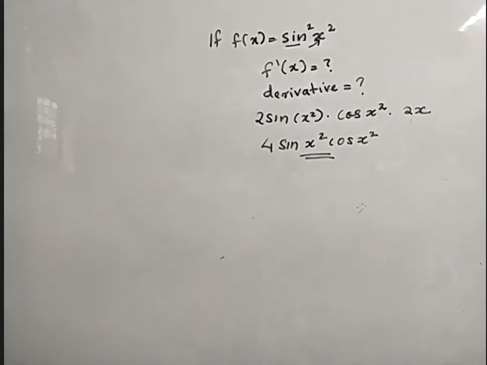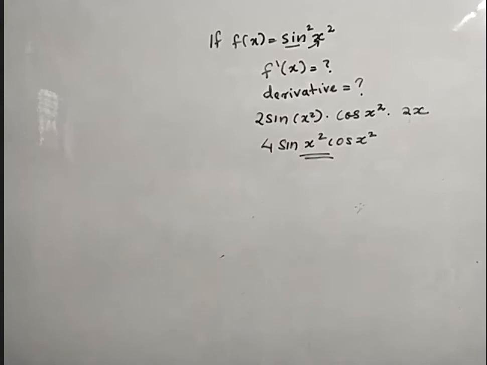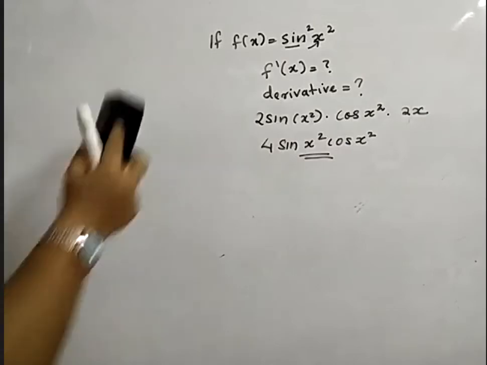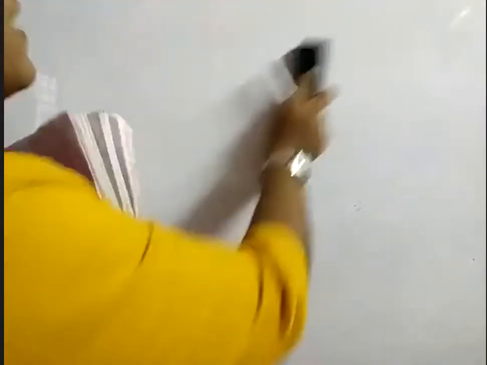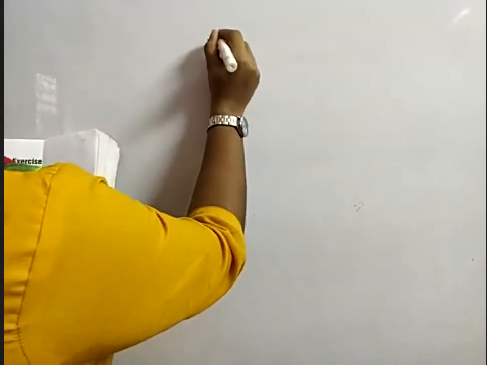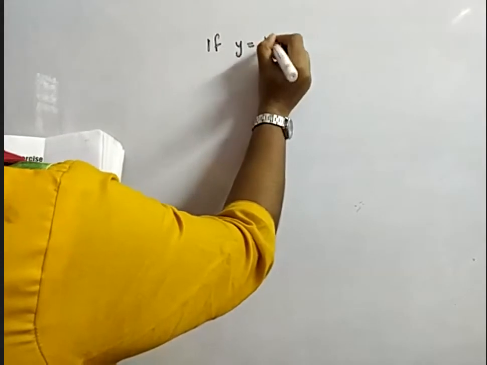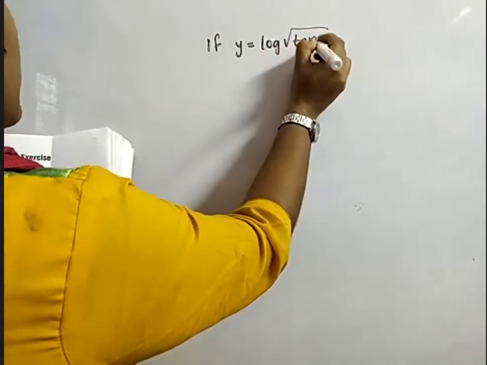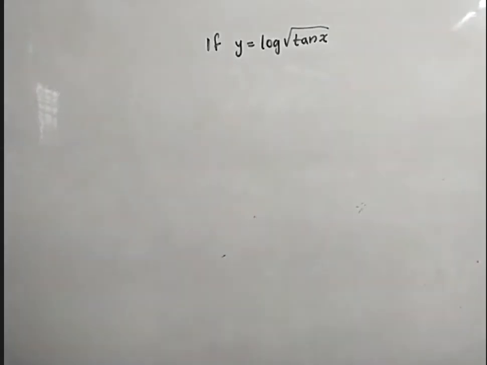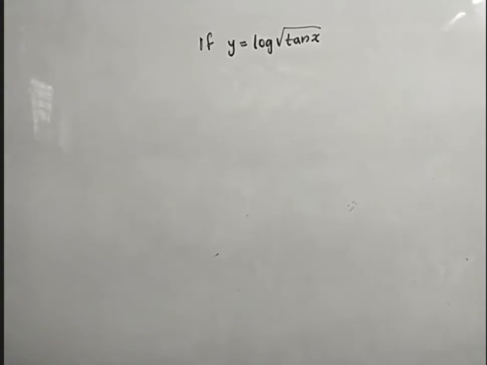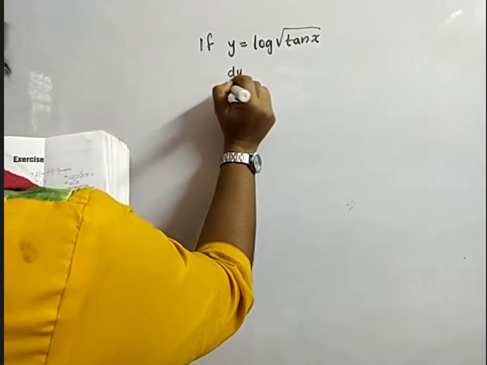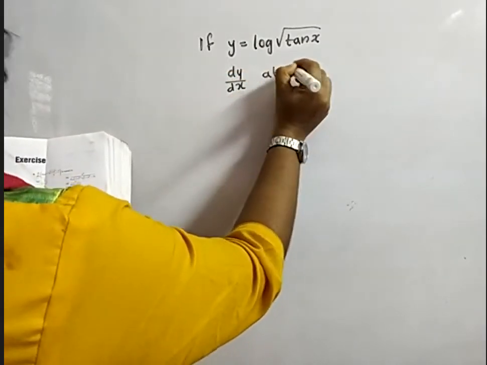Now next question. If y is equal to log root tan x, what is dy by dx at x is equal to pi by 4?